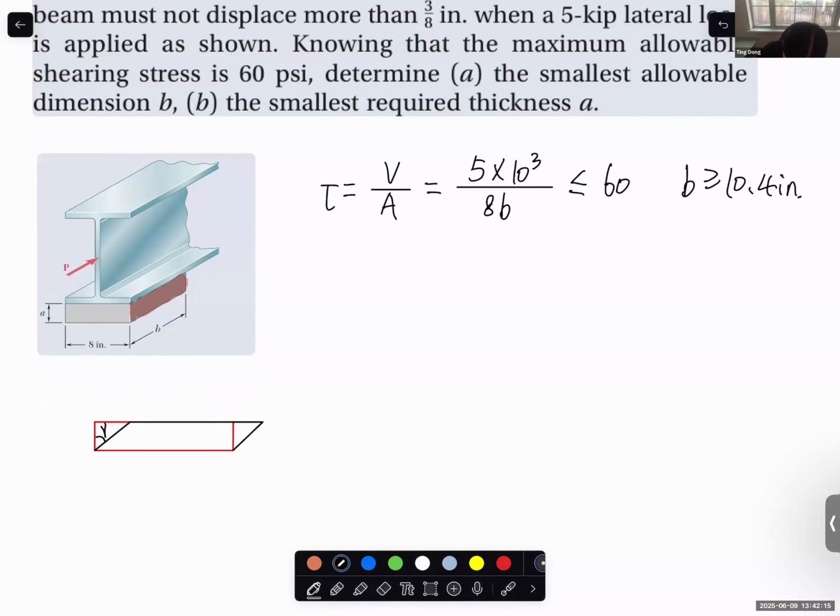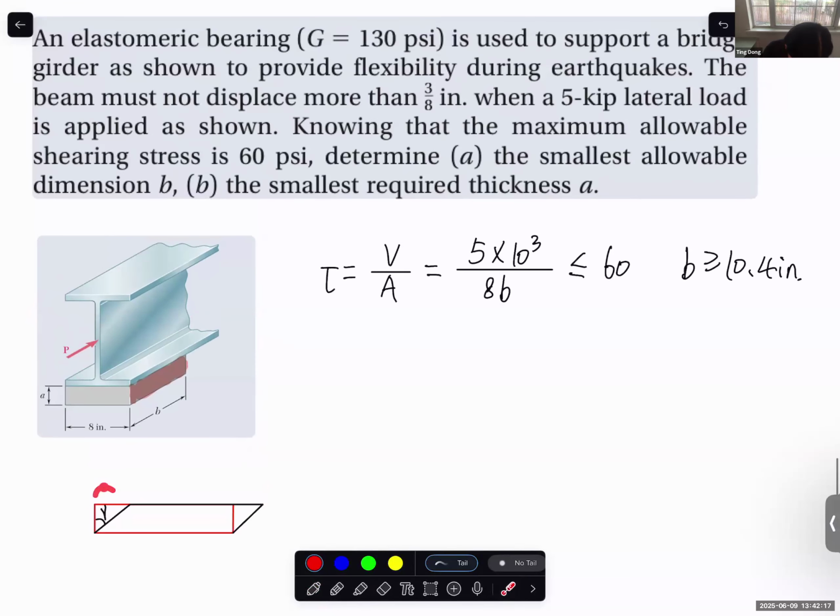And the requirement is that this dimension, the threshold value, is given. And ask about what the required thickness A. So A is here.